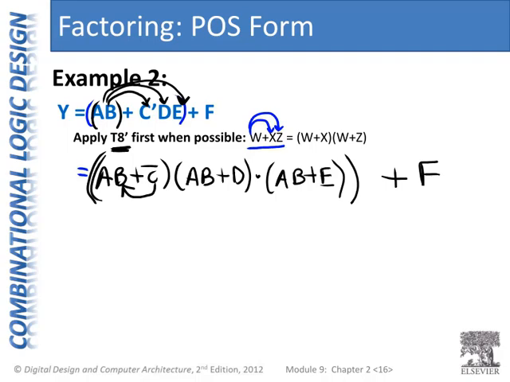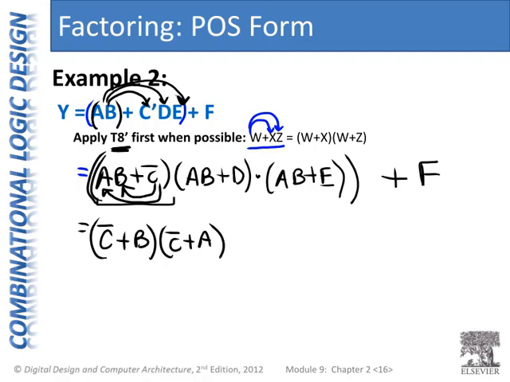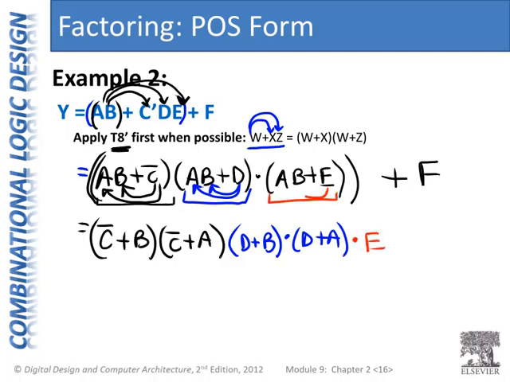We get C bar or B, quantity, and C bar or A. So we take that term and turn it into C bar or B, and C bar or A, and take the next term and turn it into D or B, and D or A. Now we take the next term and turn it into E or B, and E or A. And then we don't forget to bring down our other term, the or F term.